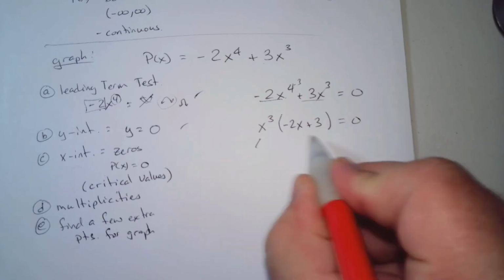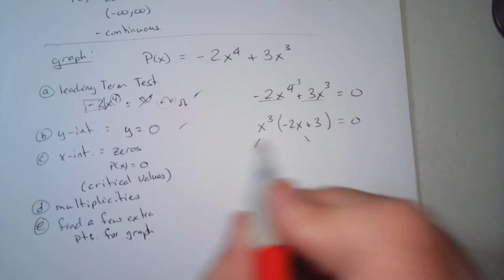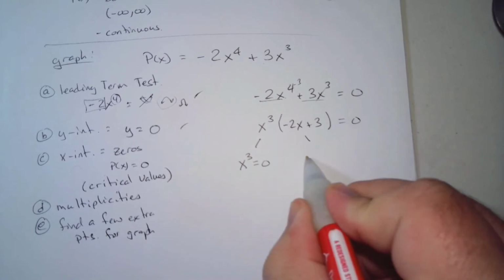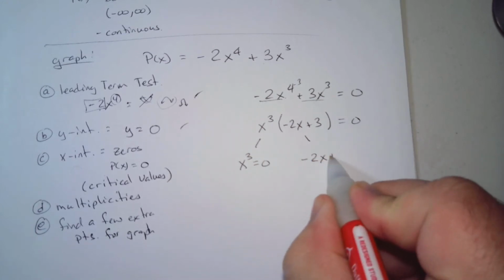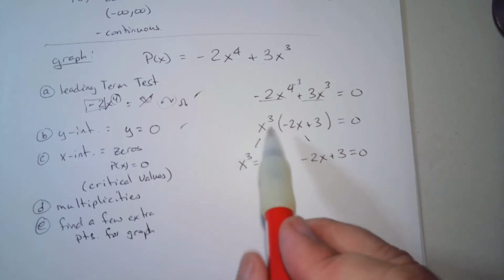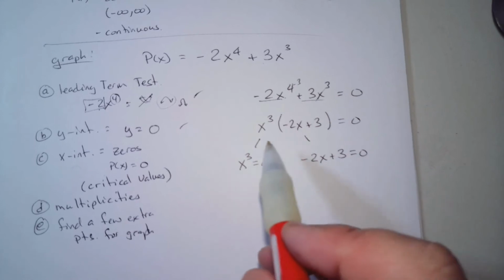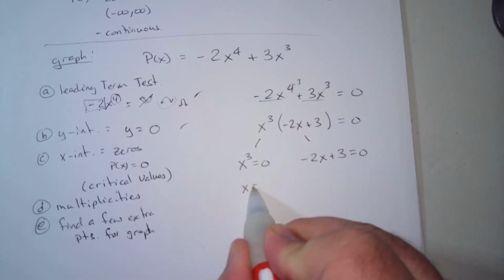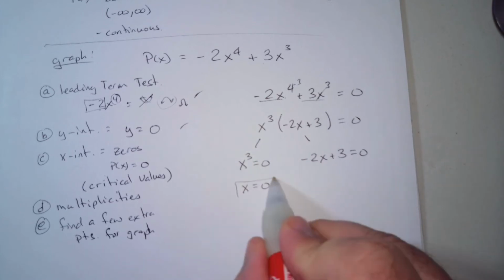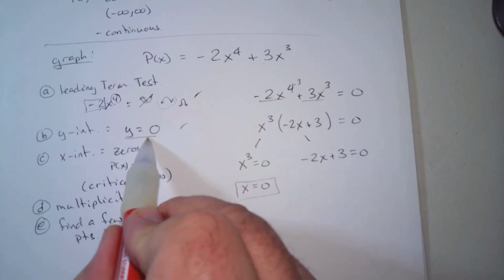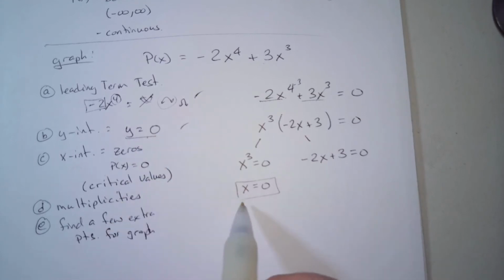So now I take both of these equations, anything that has x, I set them equal to 0. Because this x in front tells us a lot. It tells us that x cubed equals 0 means that x equals 0. Remember I said it goes to the origin? If y is 0, x has to be 0.